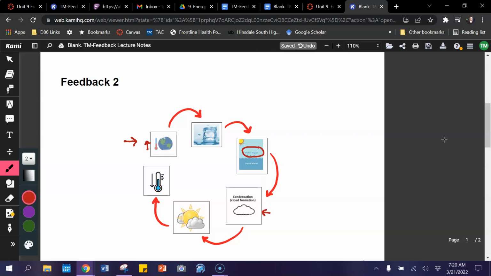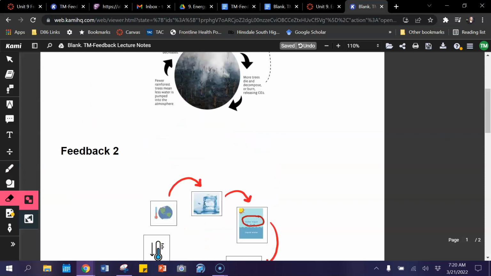And when we get cloud formation, we get sunlight being blocked from reaching our Earth's surface. That's what our picture here is showing us. The end result is that our temperature decreases. So those are two different kinds of feedback loops.